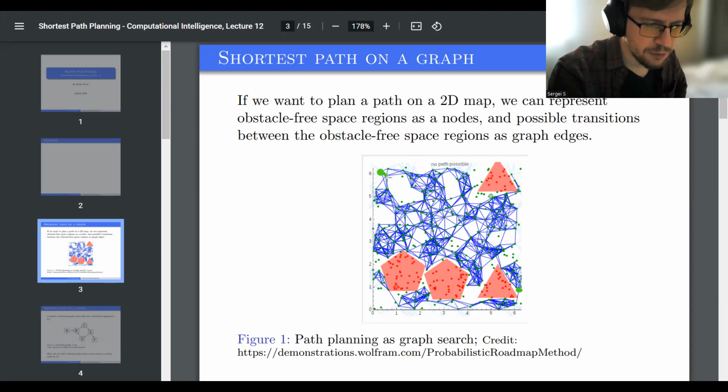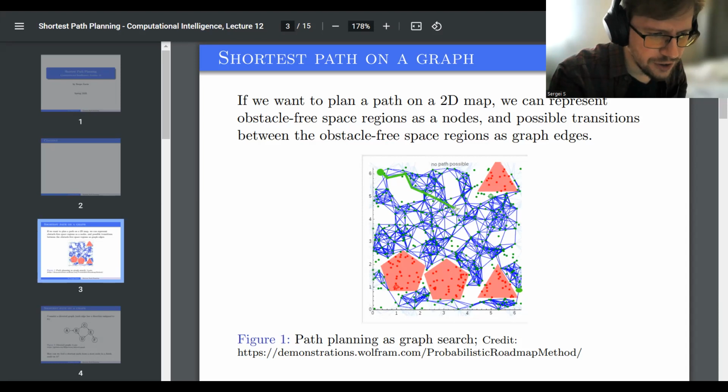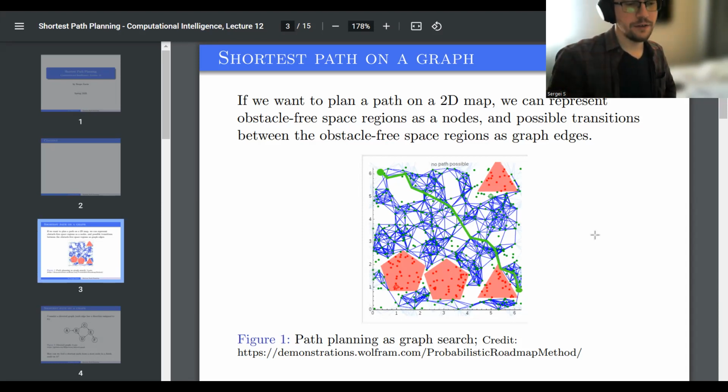Like an arbitrary path can be maybe something like this and something like that. I apologize for drawing not very well. As the last few classes I've been using touchpad to draw. So I apologize. But you can imagine the connection can look something like this, maybe, right? And here we have a path. Okay, so is it the shortest one? Who knows? But you can definitely imagine taking a longer path.